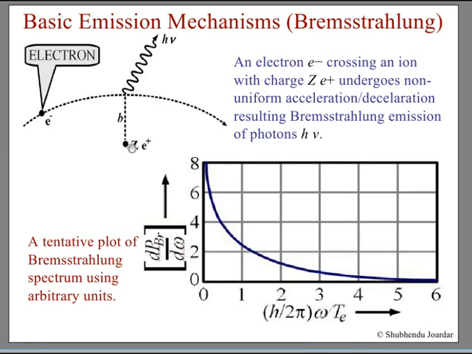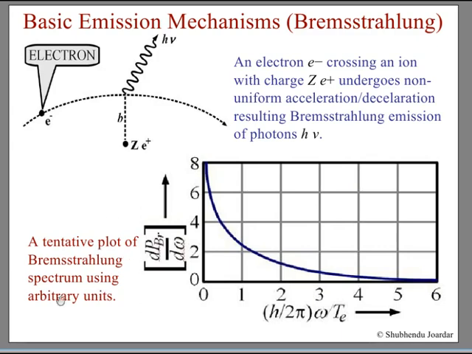This must be the core of the atom, which may have more number of charges. So that is why the number of positive charges is equal to Ze plus, where Z is the number of protons in the nucleus.